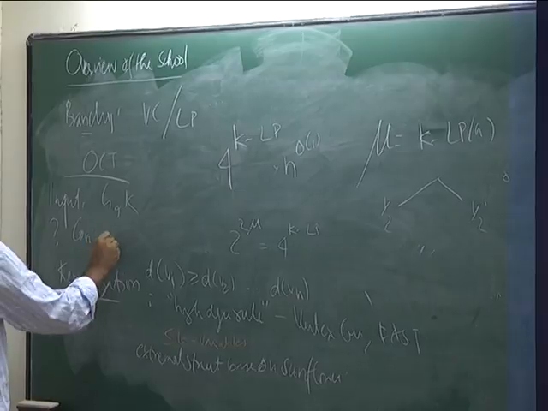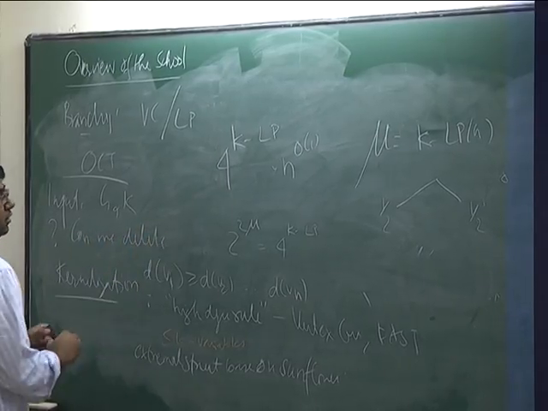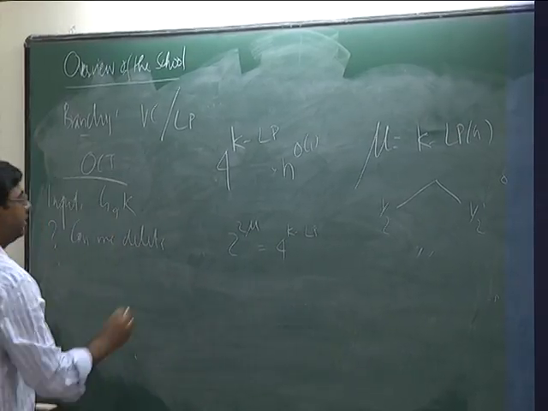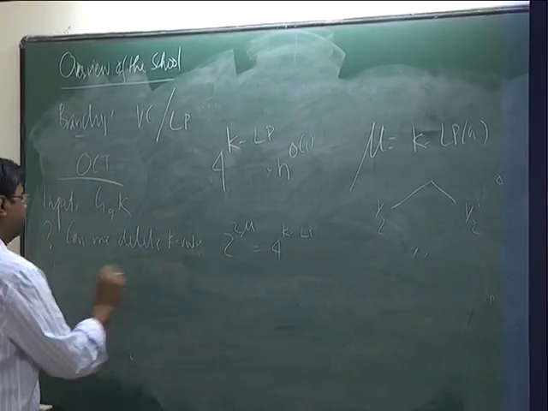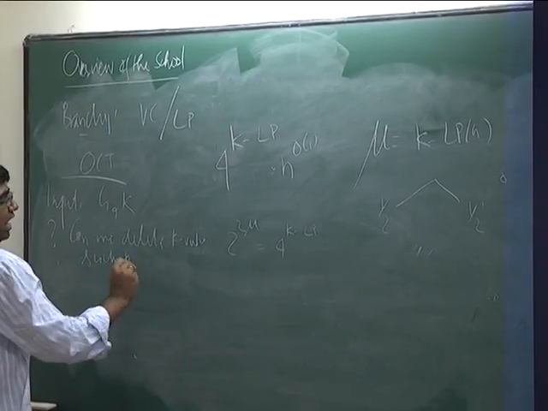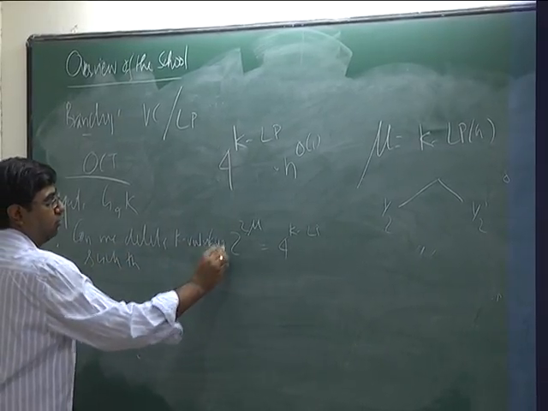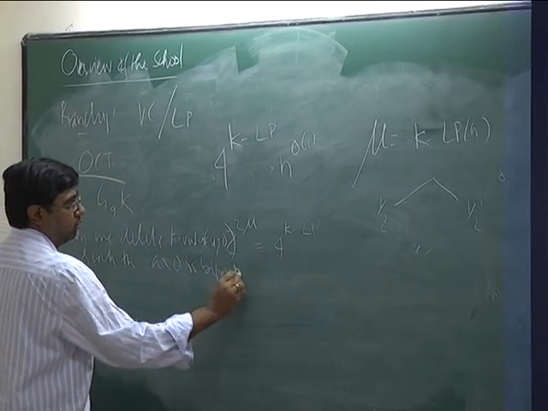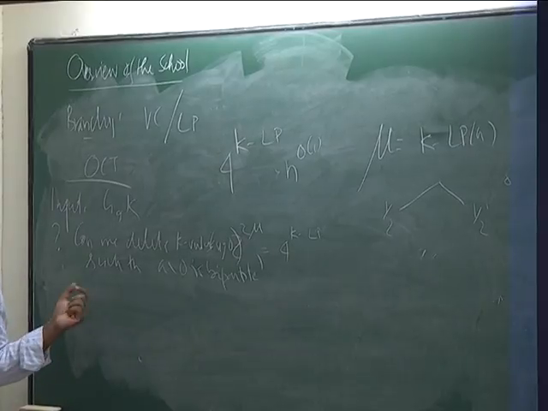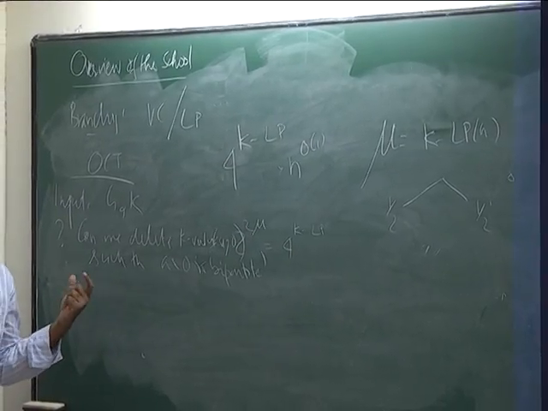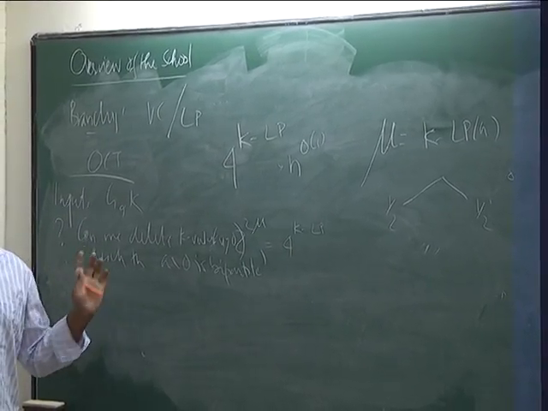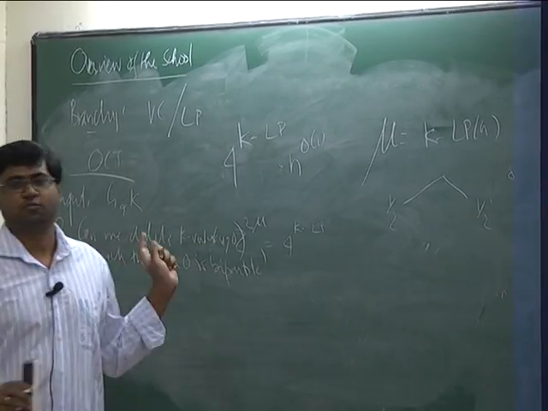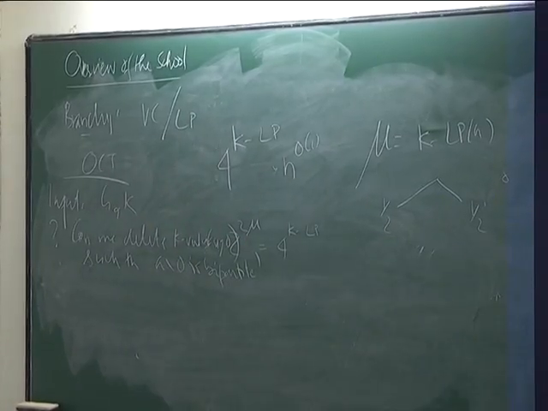Can we delete K vertices, say O, such that G minus O is bipartite? This is the algorithm which Neil tried to explain yesterday. I'm sure you did not understand that algorithm because it was towards the end. Let's see just one algorithm in one line using this 4 to the power K minus LP algorithm.